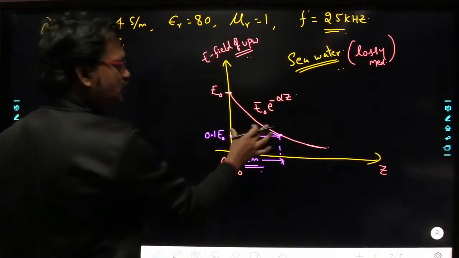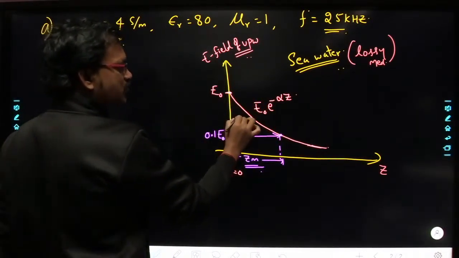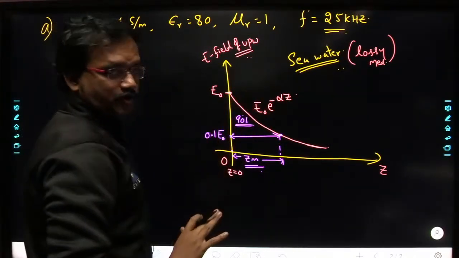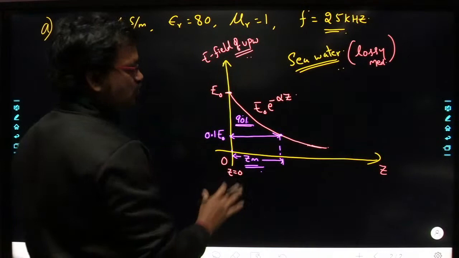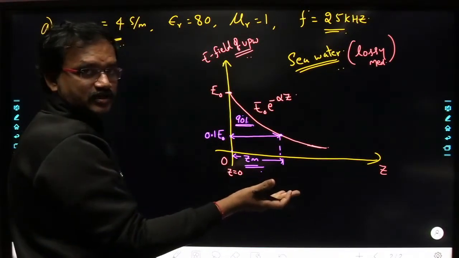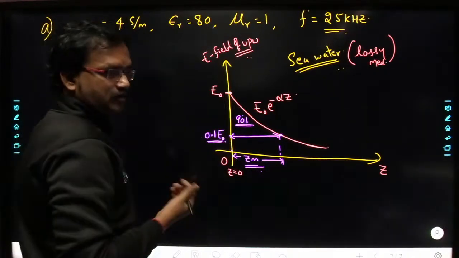During this distance, 90% of the signal is getting attenuated. After 90% is attenuated, only 10% of the signal is left out, which is nothing but 0.1 times E naught.